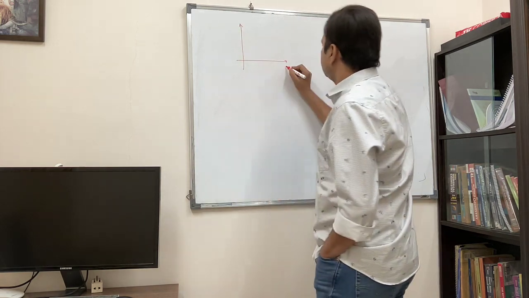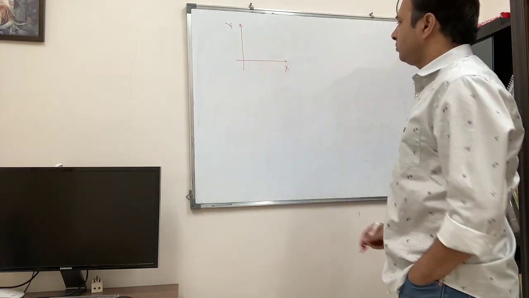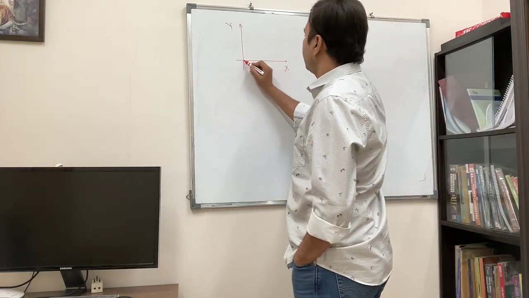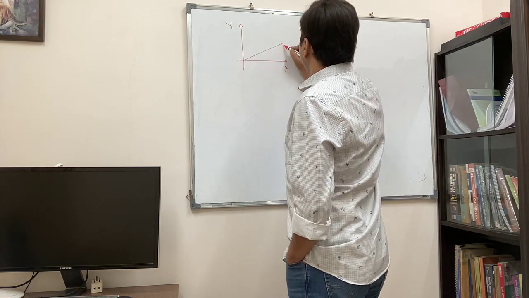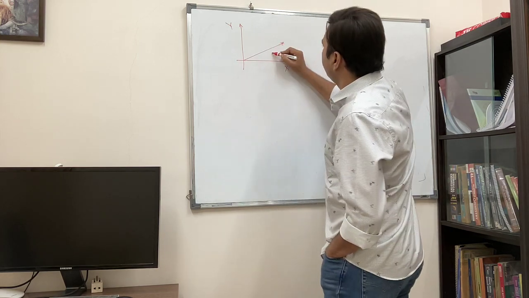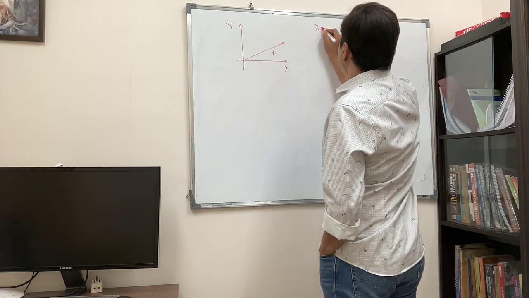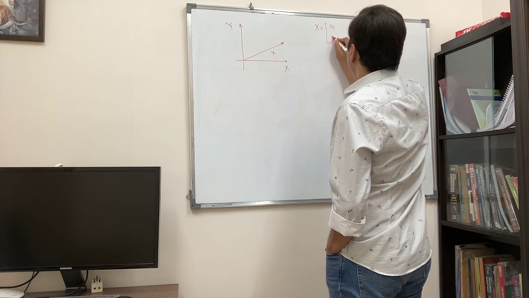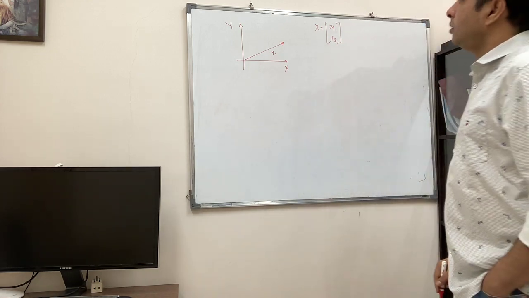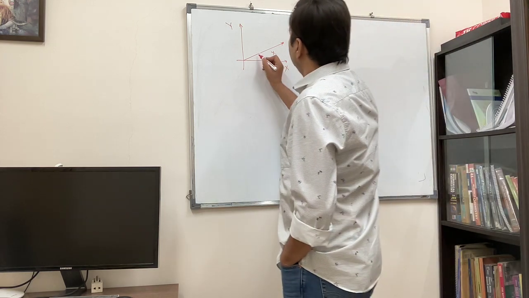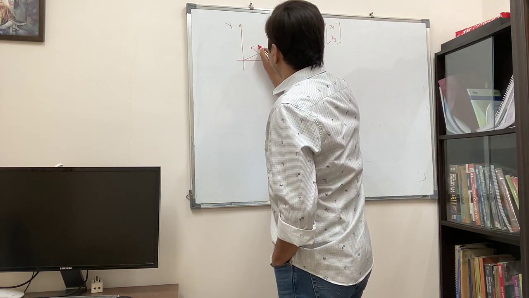Let's think of this two dimension x and y, and let's think of any vector, let's say some vector x like this. So x is nothing but, let's say, x1, x2. What I want to do is find what will happen if I rotate this vector by an angle theta.